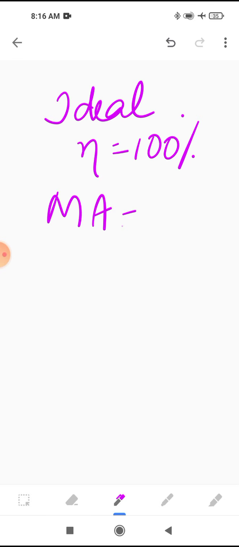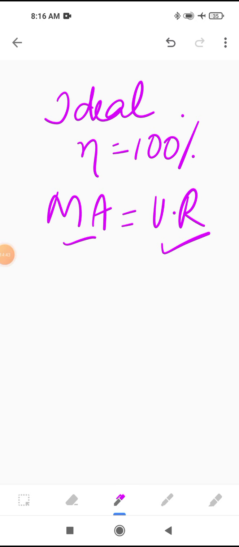Look at the question, it is given friction to be absent. Friction is absent means that machine is an ideal machine. Ideal machine means machines having 100% efficiency. In such machines, MA and VR are equal. So what is MA? Same will be VR.